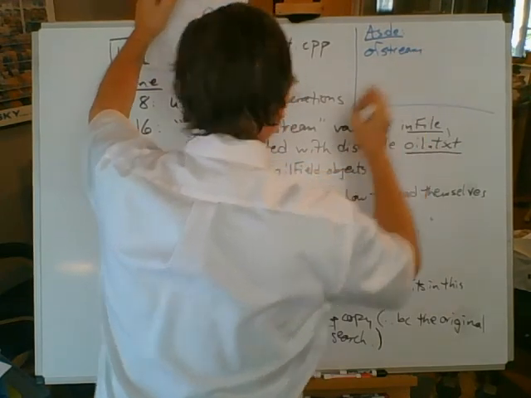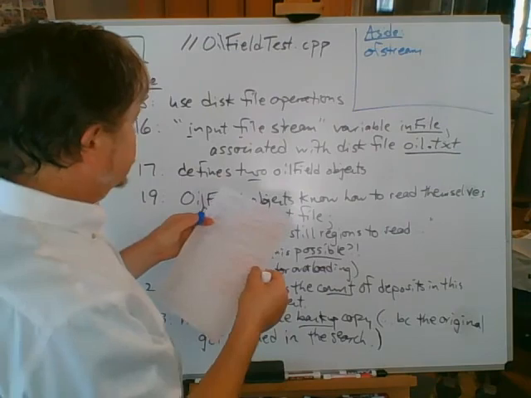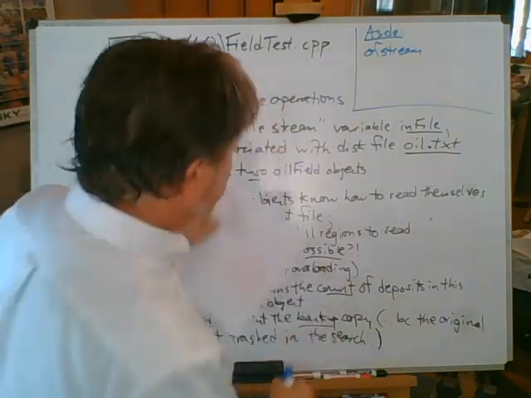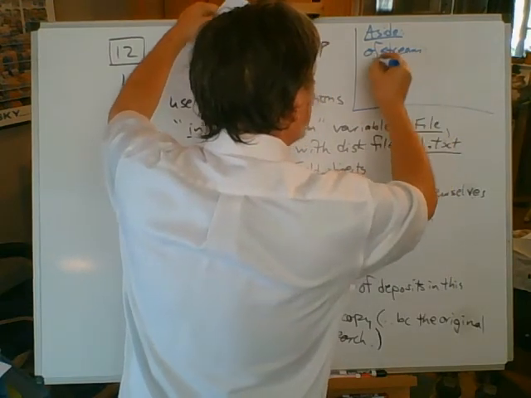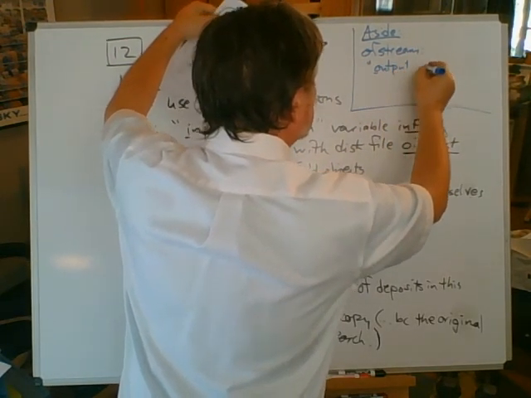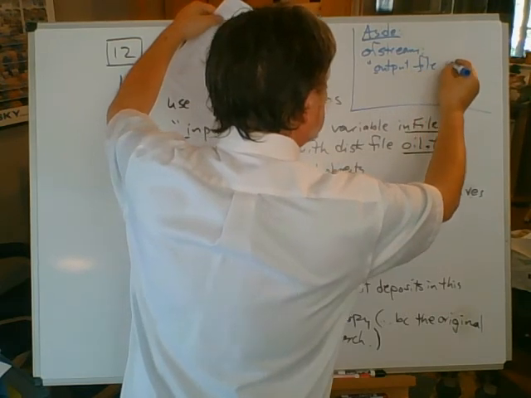If we want to use either one of these, we're going to have to include fstream on line 8, or not necessarily on line 8. We have to include it at the top of the program. OFStream means output file stream.